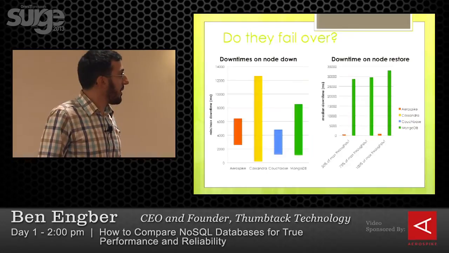But pretty much everything they did, they were able to recover in reasonable periods of time. This is in seconds. So, I think some of the really most peculiar things we did got as high as 30 seconds of downtime, but certainly faster than the sort of stuff you'd be doing with manual intervention. And on node restore, the complete unavailability, other than Mongo, which lasted about 30 seconds regularly, was almost immediate.